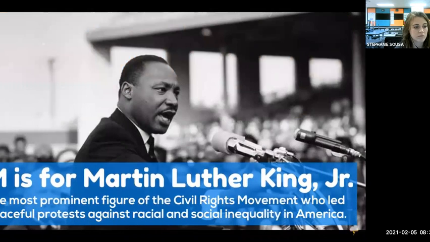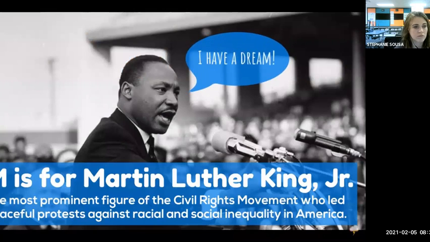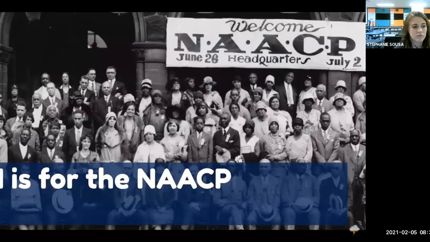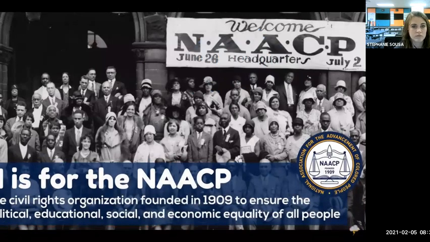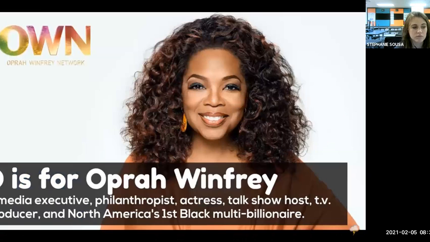M is for Martin Luther King Jr., the most prominent figure of the civil rights movement who led peaceful protest against racial and social inequality in America. N is for the NAACP, the civil rights organization founded in 1909 to ensure the political, educational, social, and economic equality of all people. O is for Oprah Winfrey, a media executive, philanthropist, actress, talk show host, TV producer, and North America's first Black multi-billionaire.